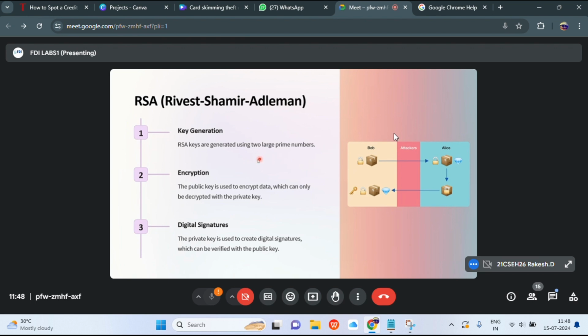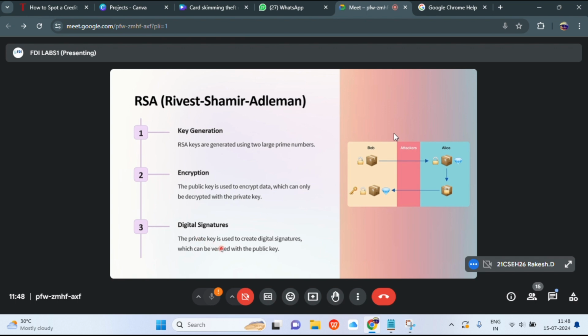Since they are 2 large prime numbers, it was found difficult to break compared to DES. So attackers found it difficult with the RSA algorithm. In this encryption, the public key is used to encrypt data which can only be decrypted with the private key. This is what we saw in asymmetric cryptography. He can encrypt the message using the public key, but it can only be decrypted using the receiver's private key.